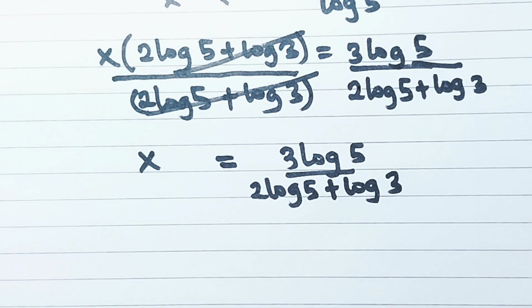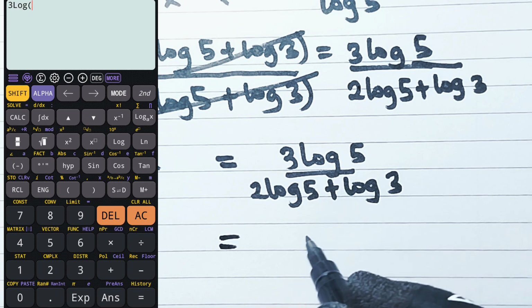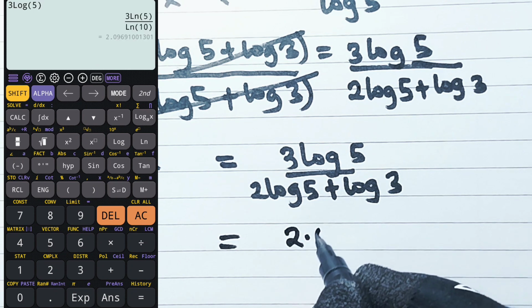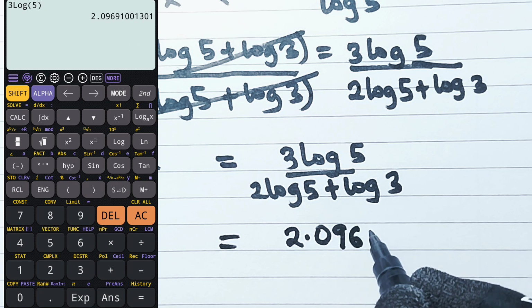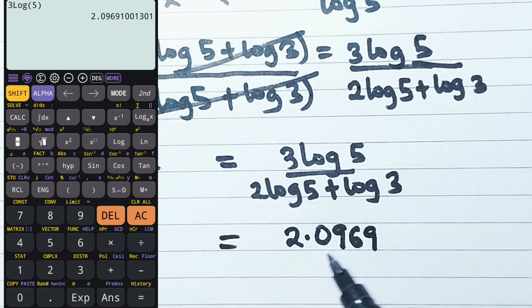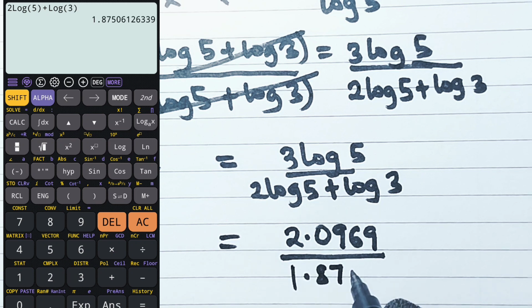So pressing my calculator for the upper part, 3 log 5 simply gave me 2.0969, and then the denominator gives me 1.8751 approximately.